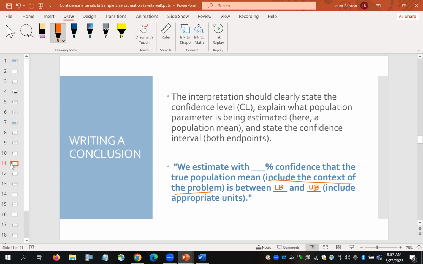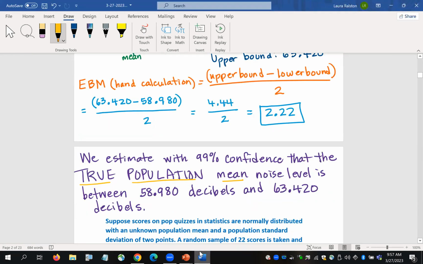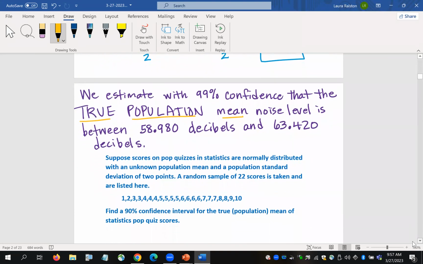That phrasing really doesn't change. As you get familiar with it or more experienced, there may be other ways to say it, but I would strongly encourage you to stick with the format that I'm giving you. Questions?